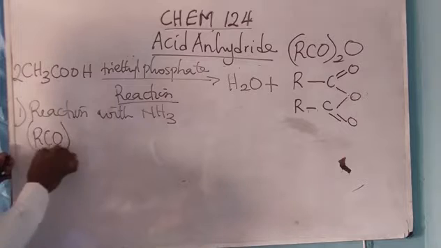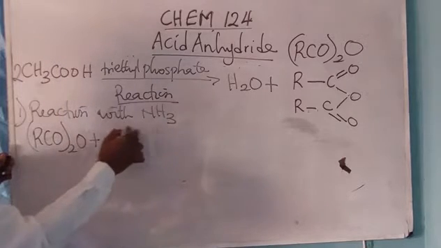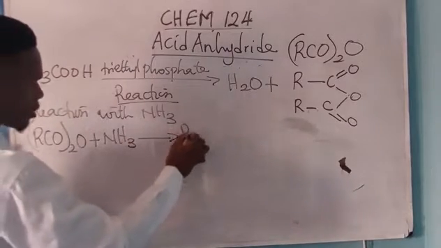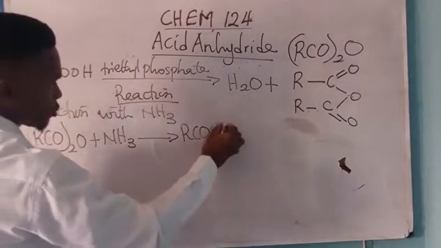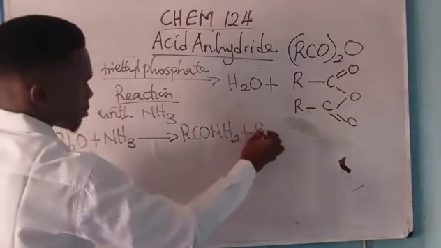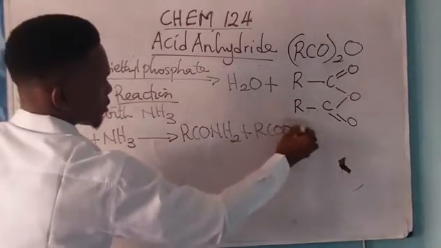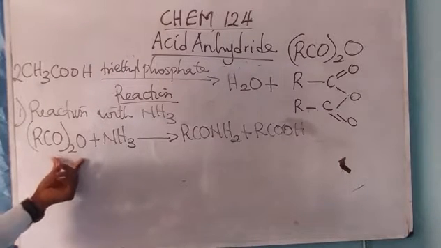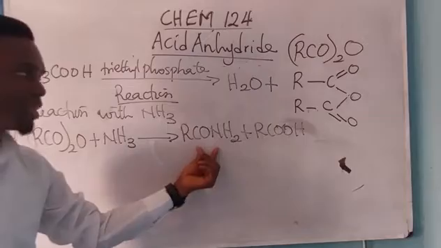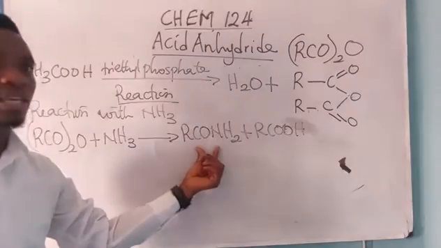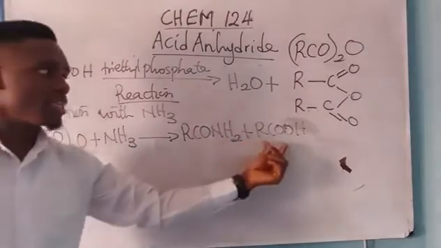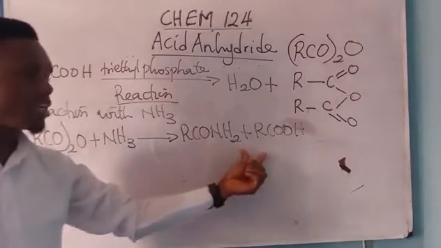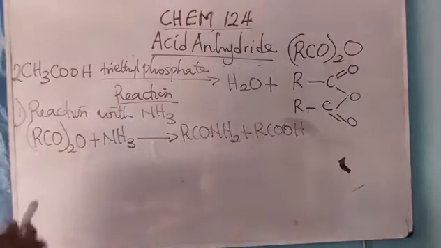RCO plus NH3 is going to produce amide, RCONH2, then plus a carboxylic acid. Take note of that. The reaction of an acid anhydride with ammonia produces amide and a carboxylic acid. But acid chloride produces amide and HCl. Take note of that. That is number 1.